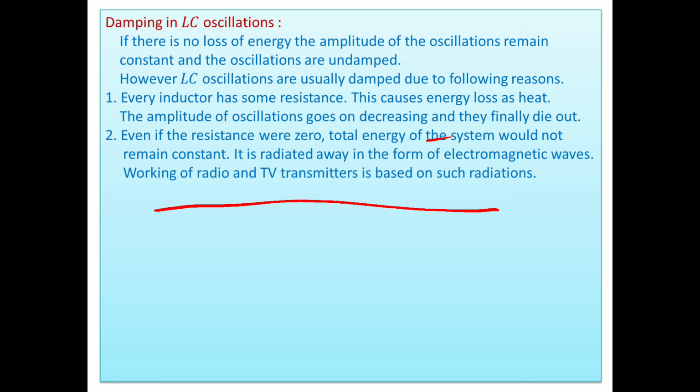In the antenna there are conductors, good conductor material, aluminum or other, and they are perfect radiators. They radiate energy in the form of electromagnetic waves. So there is damping of the oscillation due to some resistance in the inductor coil as well as radiation of electromagnetic waves.